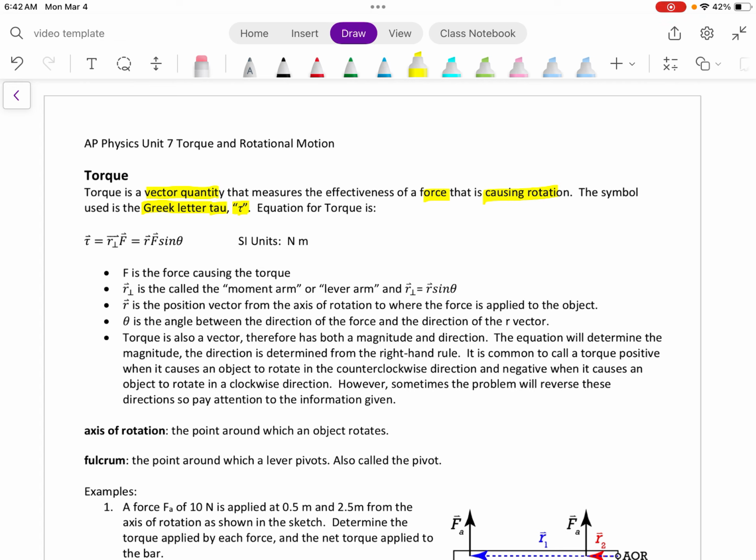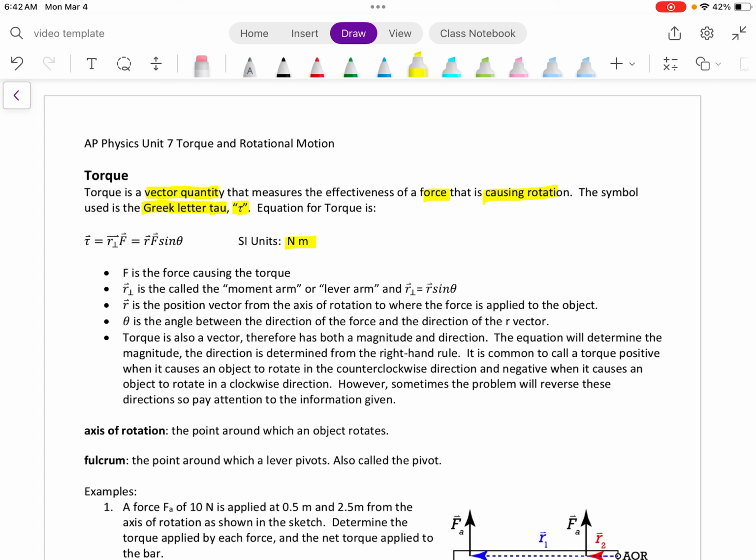We're going to understand those more clearly with some examples. The unit of torque is a Newton times a meter. Don't be confused. A Newton times a meter is also a joule, but that's an energy term. This one we leave as a Newton meter, and that means torque.